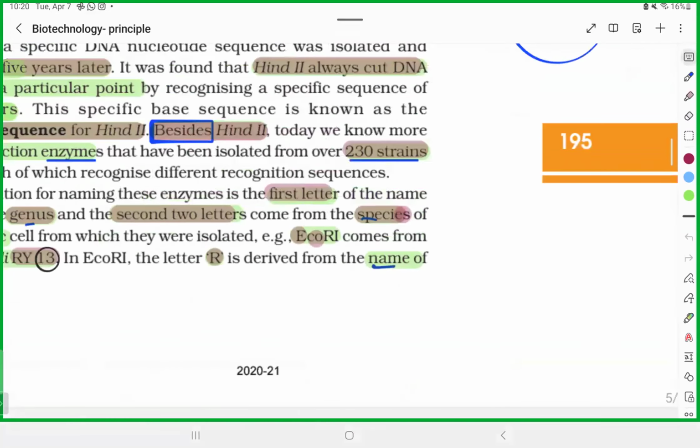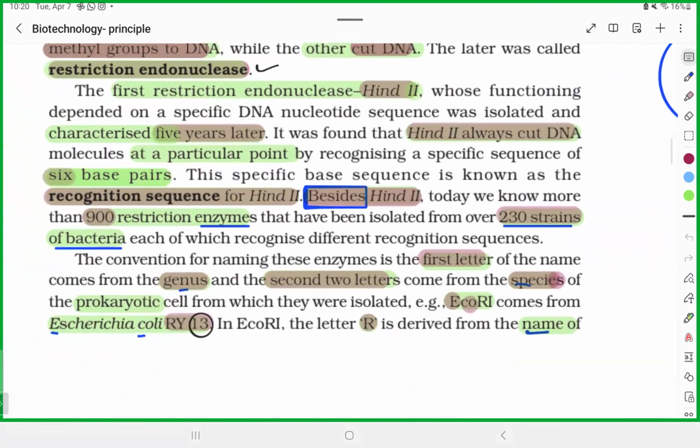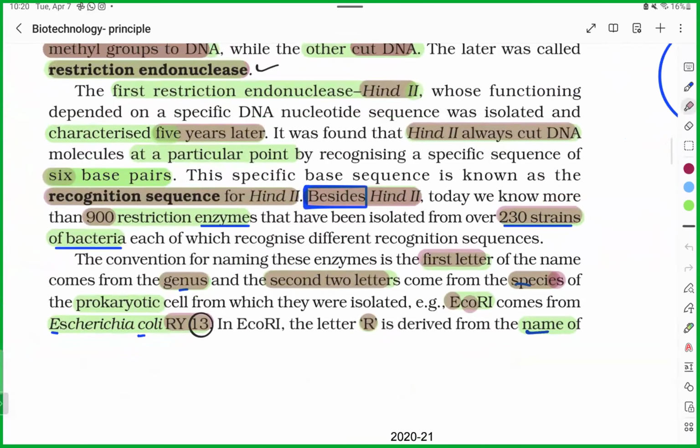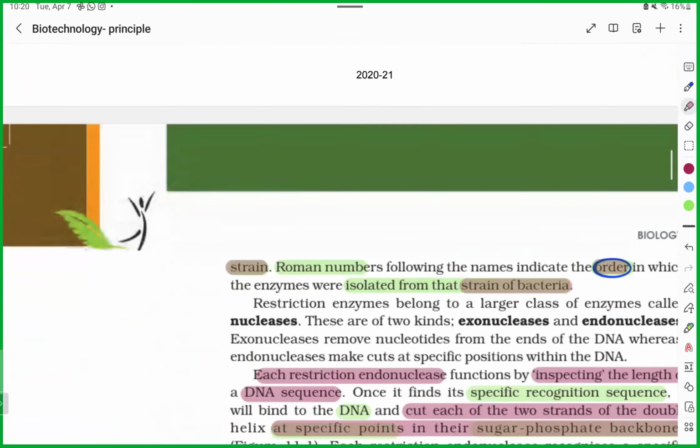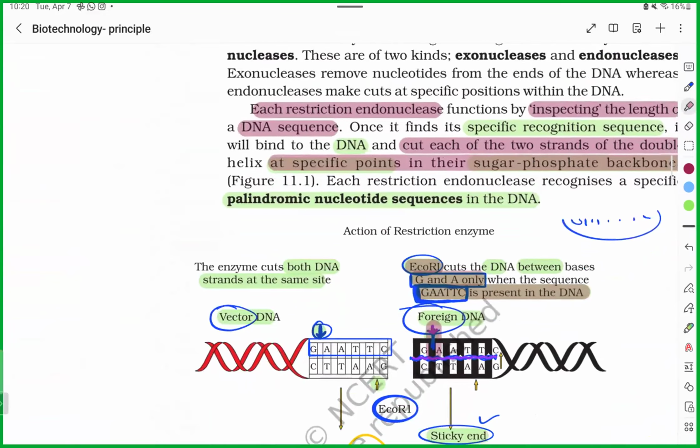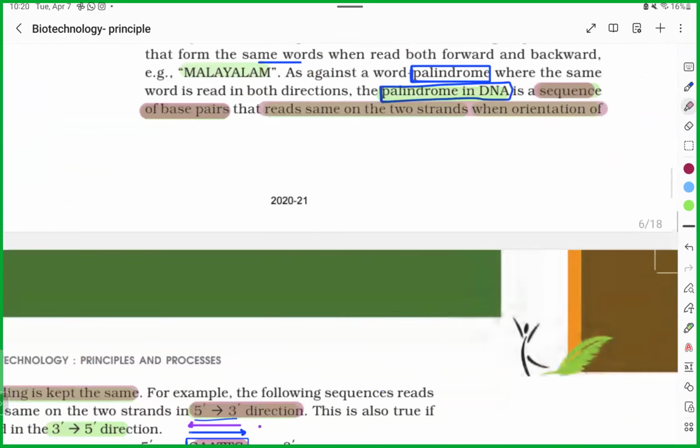The first question was from this. We obtain more than 900 restriction enzymes from more than 230 strains of bacteria, not eukaryote. And they recognize different recognition sequences. That's why reading every NCERT word and not making mistakes is a big challenge.